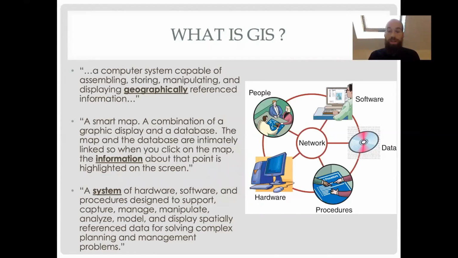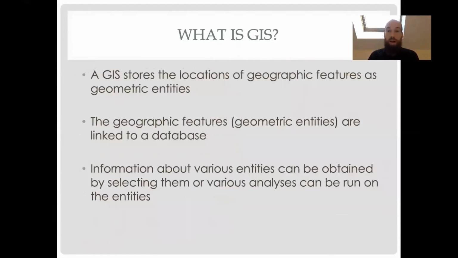Generally speaking, the system includes people, hardware, social networks, software, and data, and some uniform procedures, as you can see in the clip art to the right here. In more general terms, ArcGIS is at the least a very interactive smart map, and at its most, perhaps the most sophisticated software package for spatial analytics and spatial modeling.